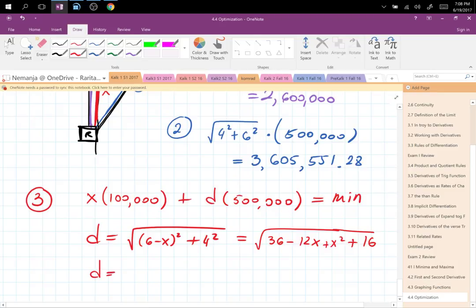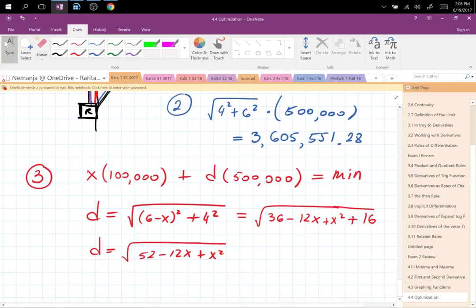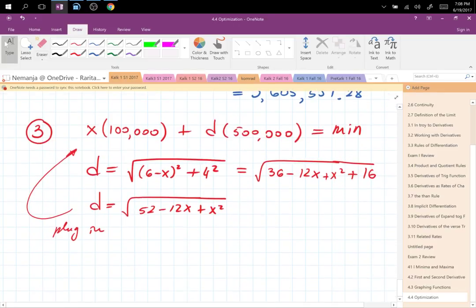So finally d, which is our constraint equation, is the square root of 52 minus 12x plus x squared. Plug in, as usual. All of the problems are the same.